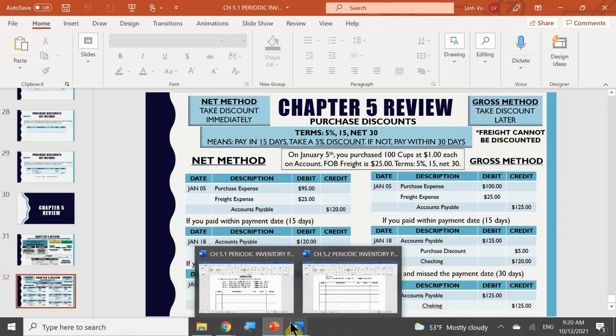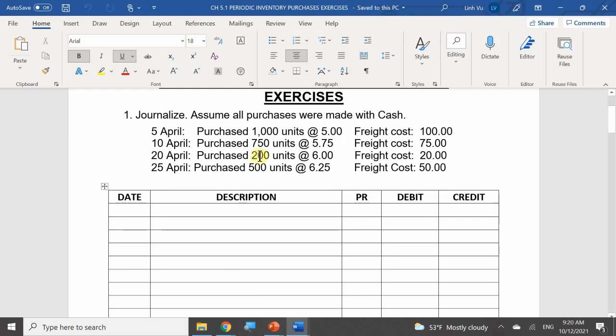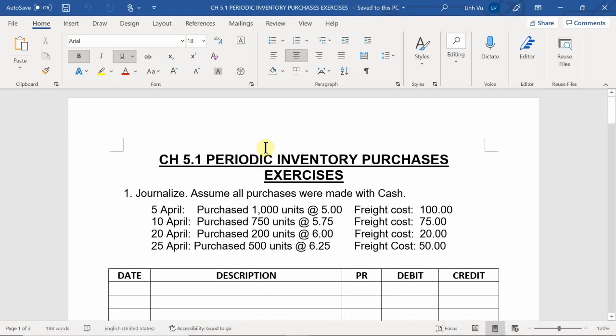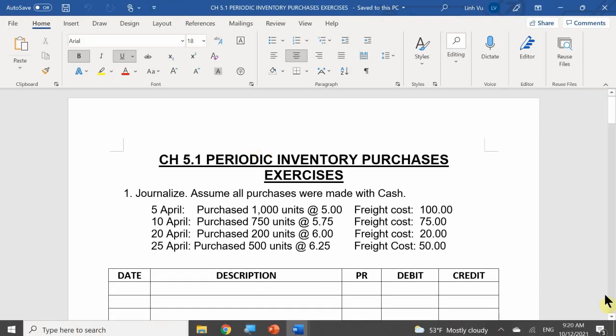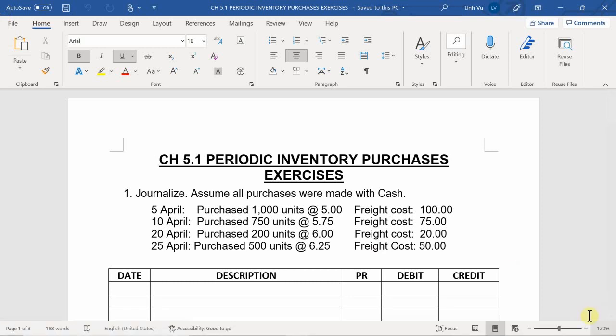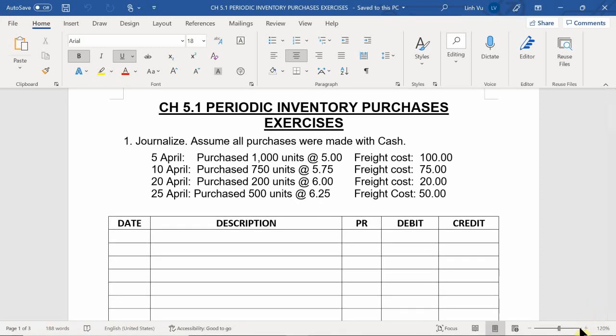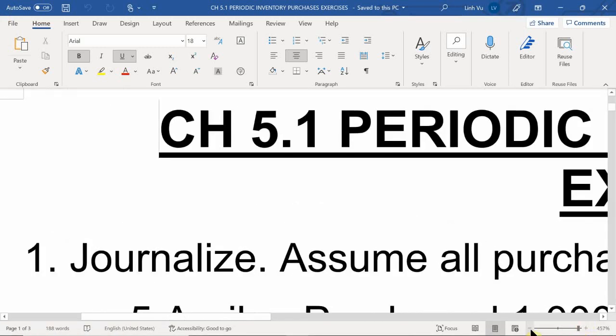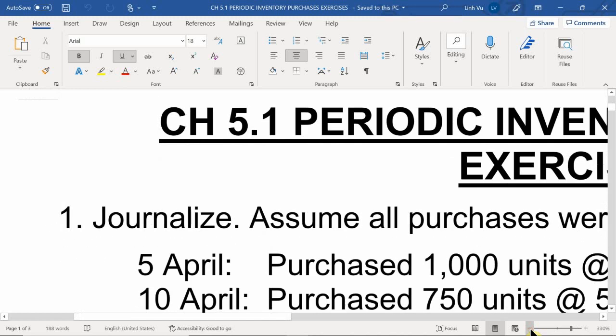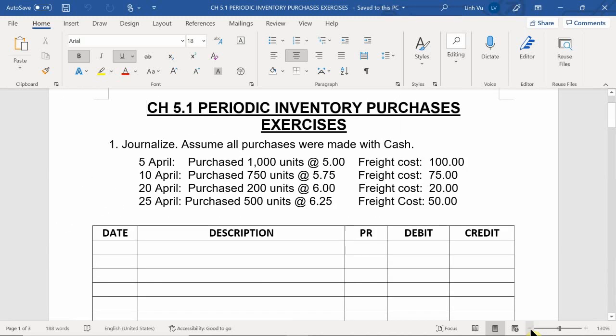All right, so now that we went over that, let's go over the 5.1 periodic inventory purchase exercise. So this is where I'm going to have you guys practice journalizing these transactions, okay? All right.